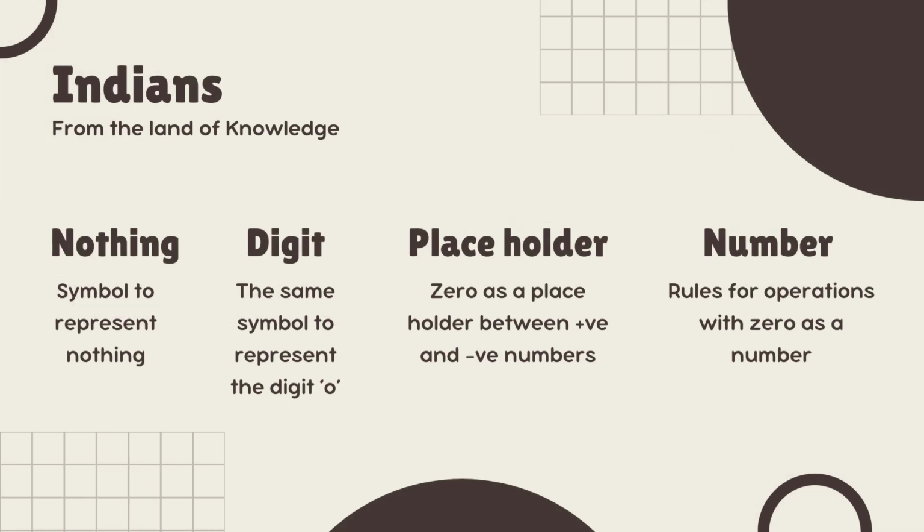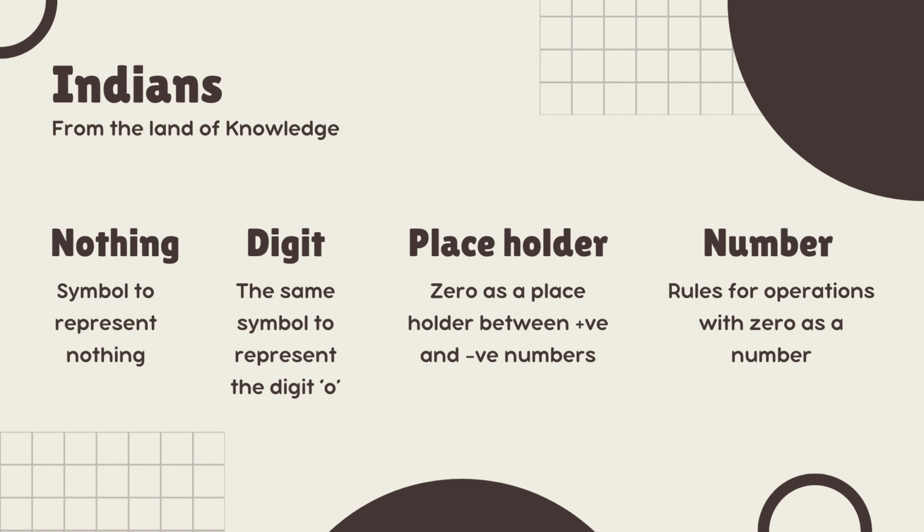Interestingly, Indians were using zero in all the 4 senses. They used zero to represent nothing. They used zero as a digit. They used zero as a divider between positive and negative numbers. And they also used zero as a number. They also had rules for operations with zero.